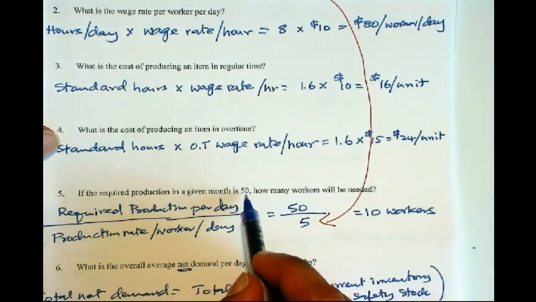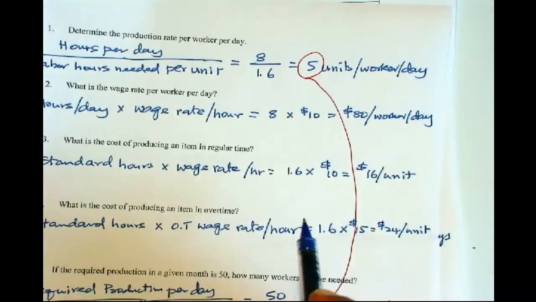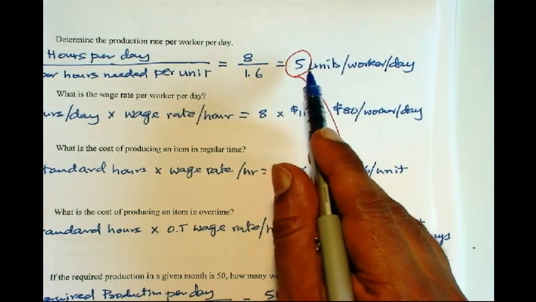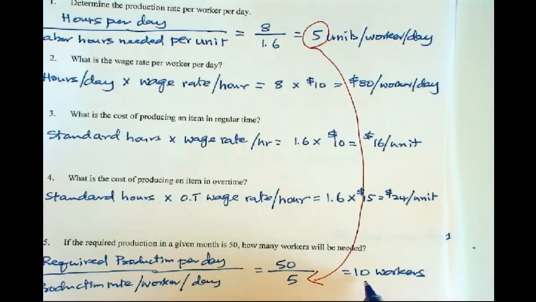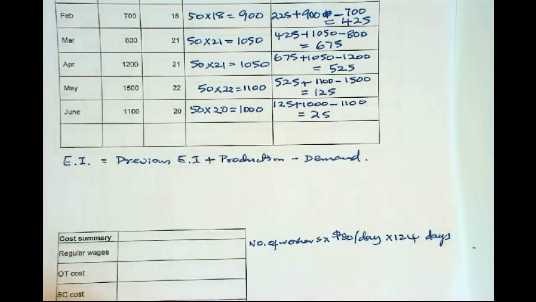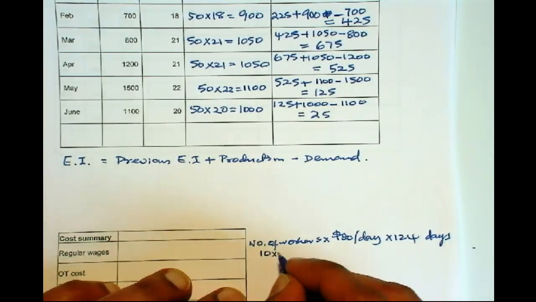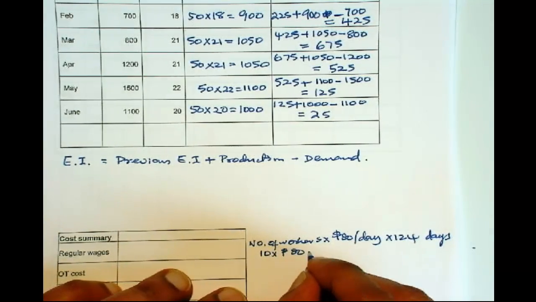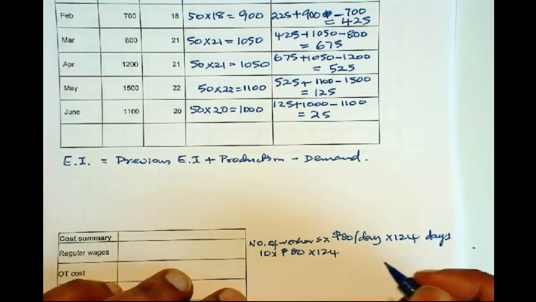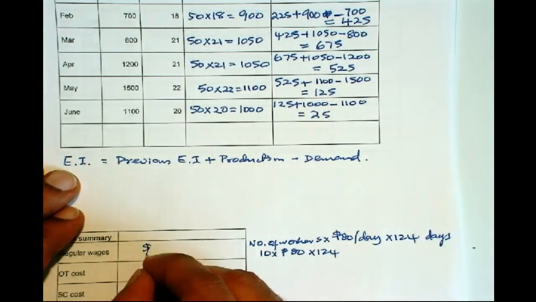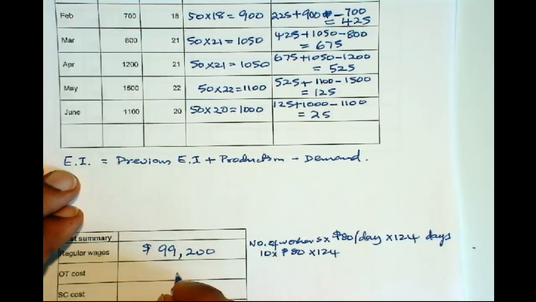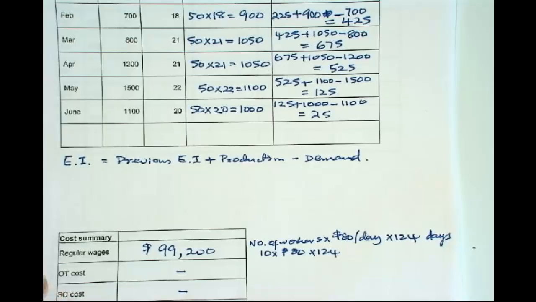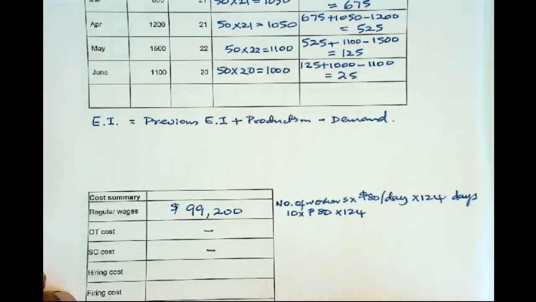When the production rate is 50, with 5 units being the rate of production per worker per day, we need 10 workers. So 10 workers times $80 times 124 days will give you $99,200.